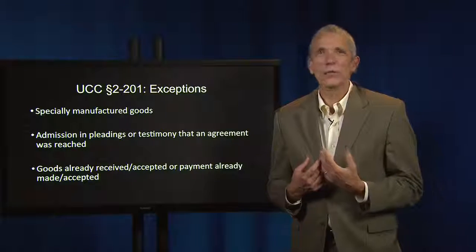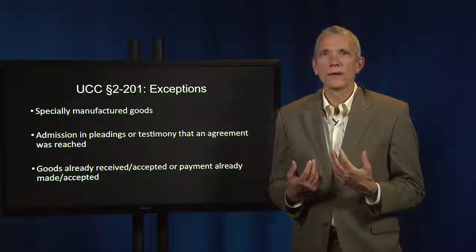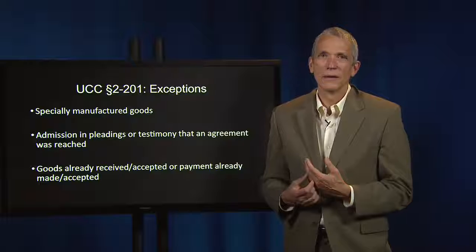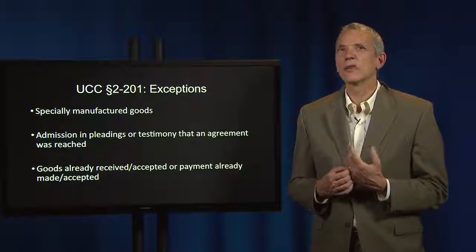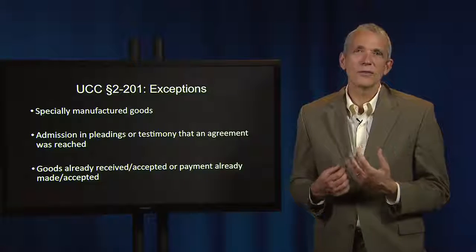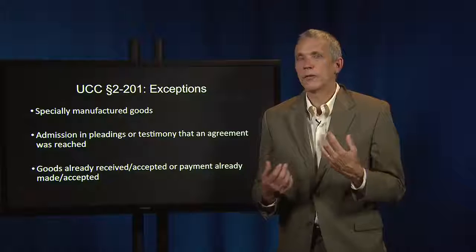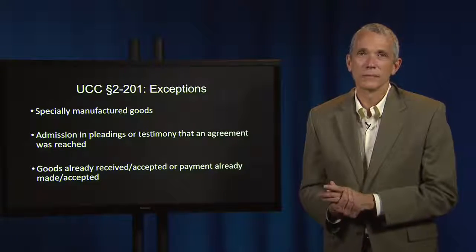Admitting that a contract was made and a buyer's payment or acceptance of goods is a fairly good substitute for a buyer's signature. But specially manufactured goods might substitute for a seller's signature as an indication that the seller must have thought there was a contract or wouldn't have produced these specially manufactured goods.